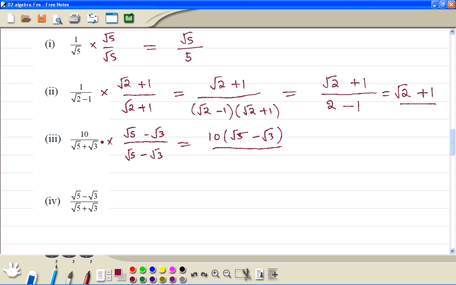On the bottom we get two brackets, square the first number, gives you 5, minus square the second number, that gives you 3. So we get 10 on the top, 2 on the bottom, that gives you 5. Then inside the bracket we have root 5 minus root 3. You can remove the bracket.